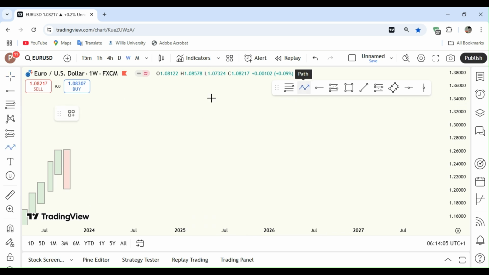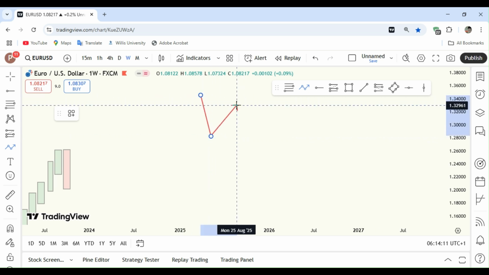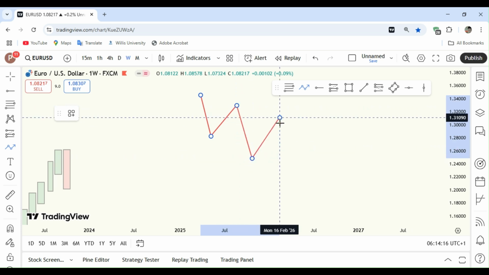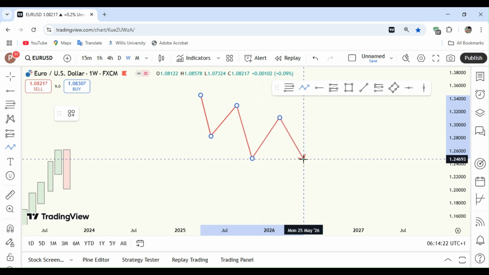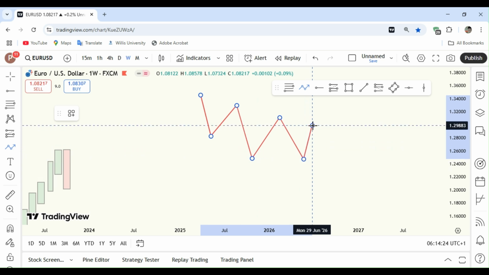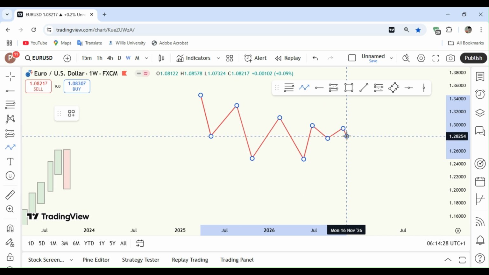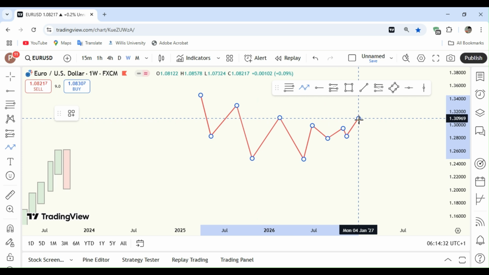Now, the same thing goes for sales. Let's say this market prints a low, a lower high, a lower low, a lower high, and it comes to put a lower low right here and begins to play around here, and it comes to put an equal high here.